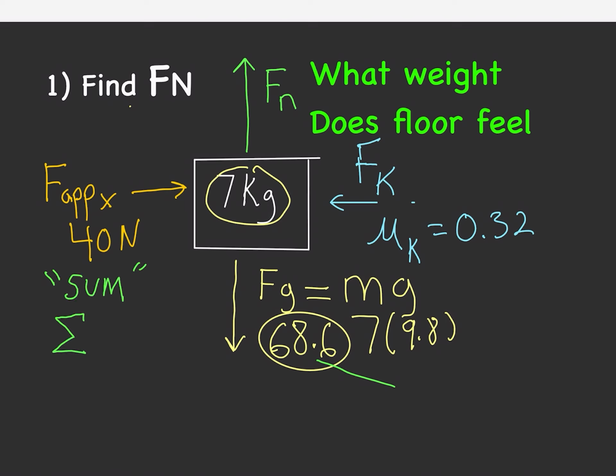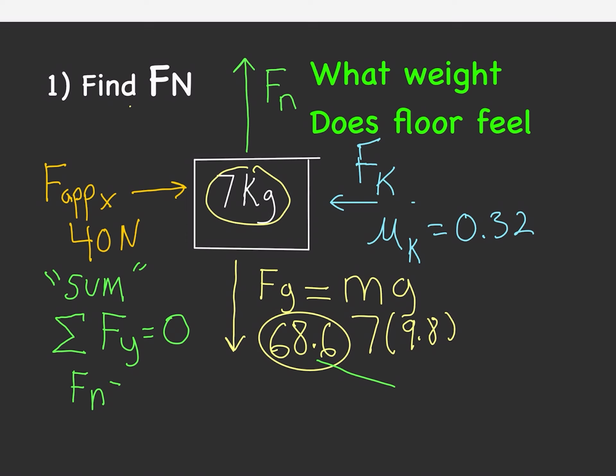Sometimes in your class they may say the sum of the forces in the y direction, using that E-shaped symbol, which is the sigma. Again, in this situation, it has to be 0. Technically we could call the force of gravity negative, but right now it's easier to look at the arrows: 68.6 going down, 68.6 going up, gives us a sum of 0.